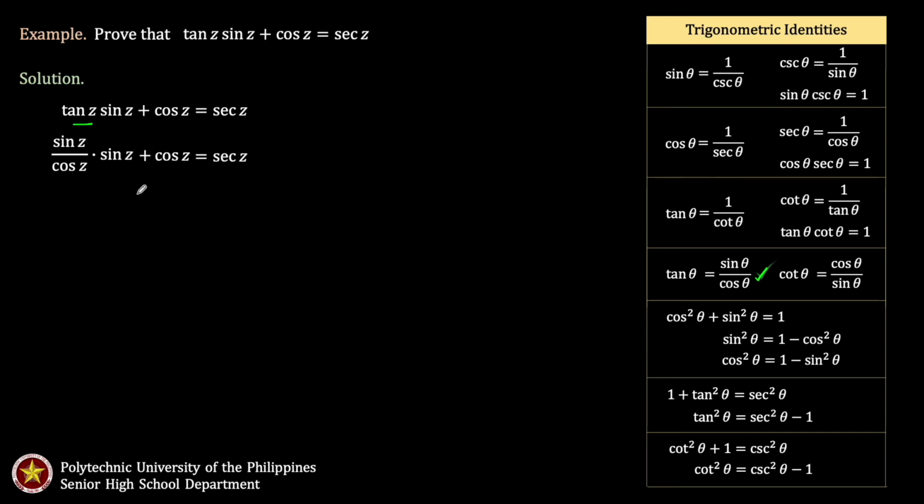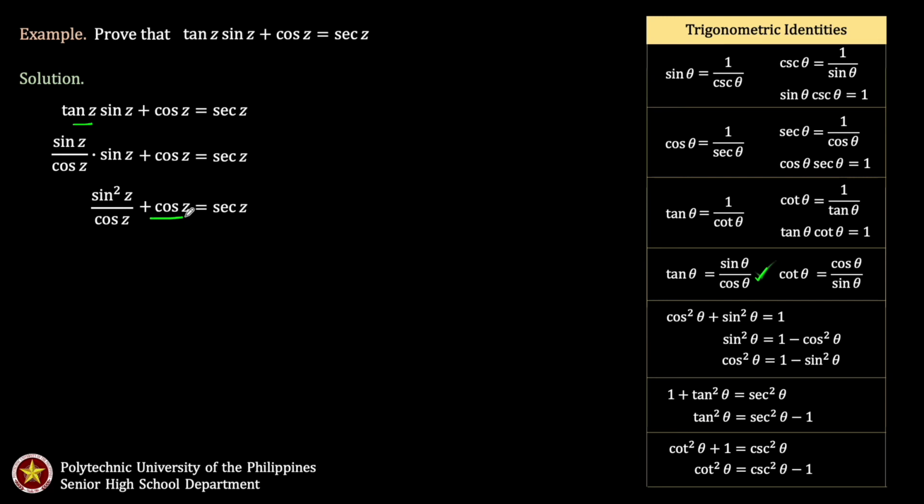Next, evaluate this part. So sine z times sine z, that will be sine squared z over cosine z. Bring down cosine z on our second term. Then evaluate this fraction.